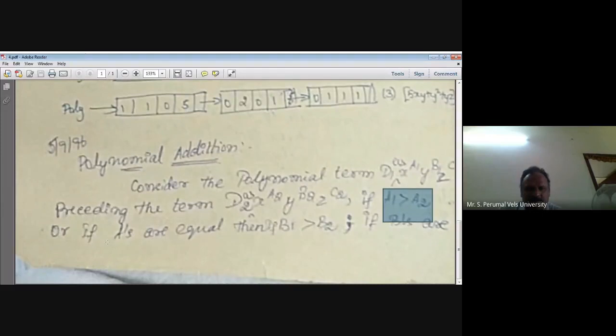Or if the A's are equal, both can be equal, then B1 greater than B2. The second constraint goes to B. If the B's are equal, for example, x power A1 is 2, plus x power 2 below. If you add that, what will you get? You will get 2x square.